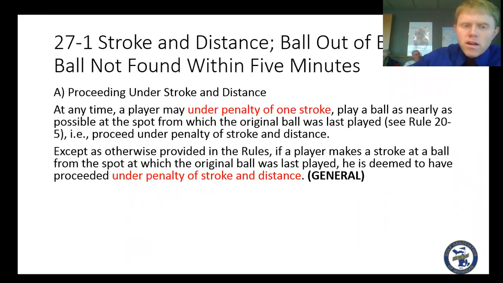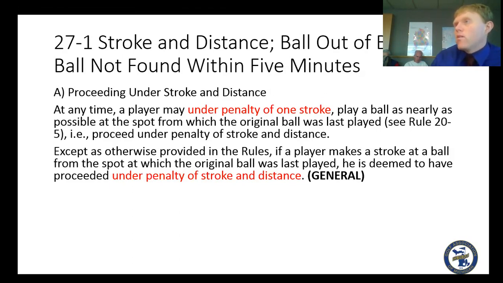Except as otherwise provided in the rules, if a player makes a stroke at a ball from the spot at which the original ball was last played, he is deemed to have proceeded under penalty of stroke and distance. So this is a general statement. We know that there are other situations, as it says, except as otherwise provided in the rules. One example would be a provisional ball, right?